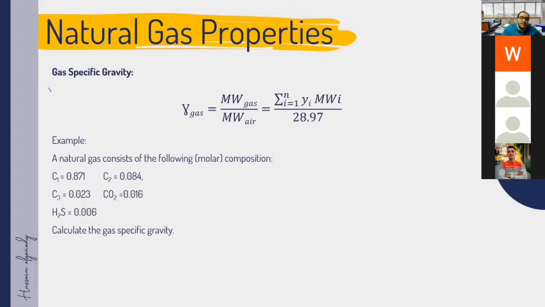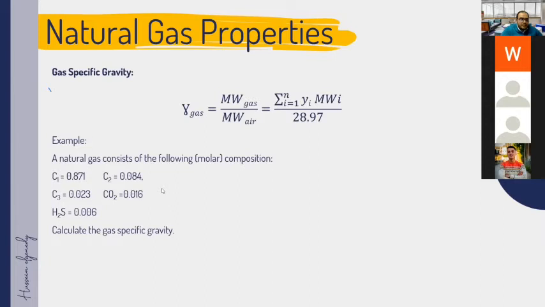As you mentioned, the gas consists of a lot of components, and we cannot assume the gas density or specific gravity, but we can calculate it by multiplying each mole fraction by the molecular weight of each component, summing them, and dividing by the molecular weight of air, which is 29 or 28.97.